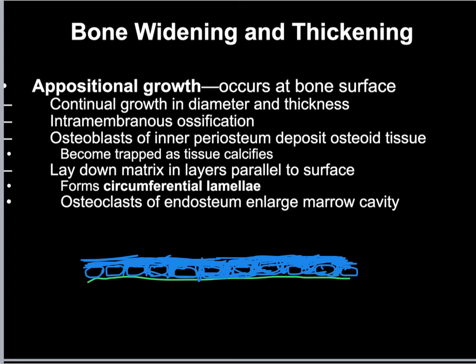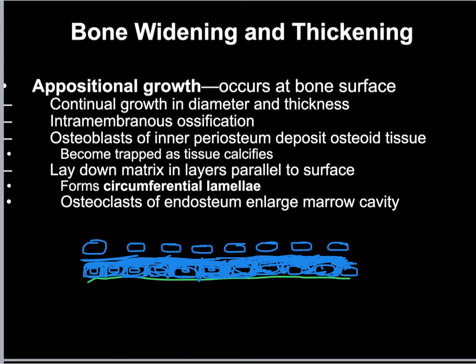So now you can see they've laid down bone all around them, and we have our osteocytes inside here, and they just become your osteocytes. And then you have another layer of osteoblasts along the outside. These osteoblasts, by the way, come from the osteogenic layer. There are osteogenic cells in the osteogenic layer.